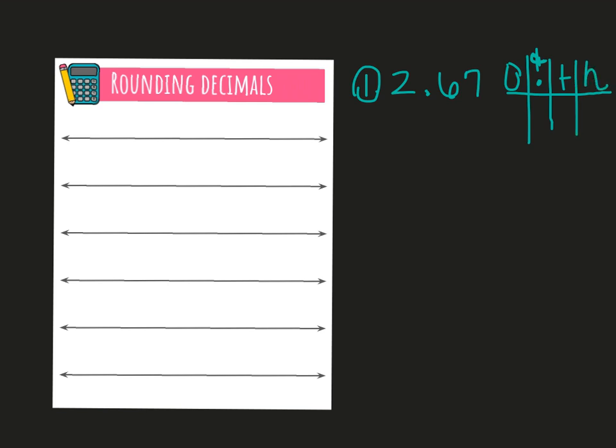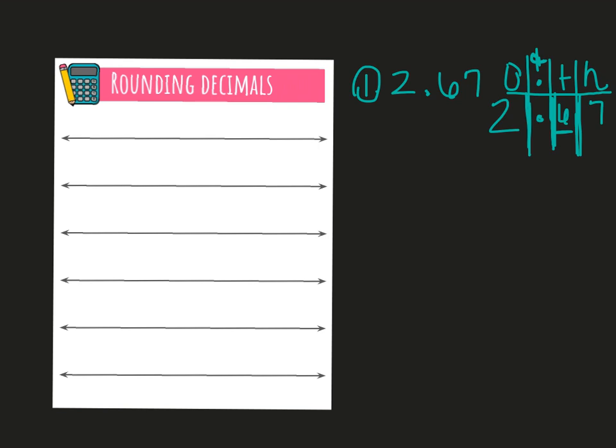So when I am rounding to the nearest tenths place, I'm going to practice doing that one first. I set it up as 2 and 67 hundredths, and I want to round it to the nearest tenths place. Now that I've used my place value chart, I know clearly that my 6 is in my tenths place.